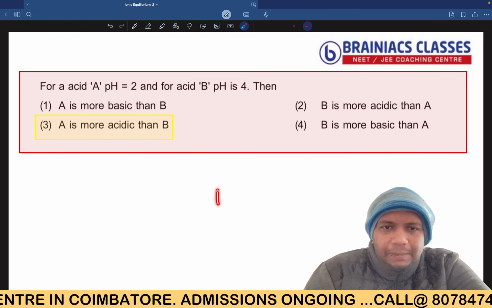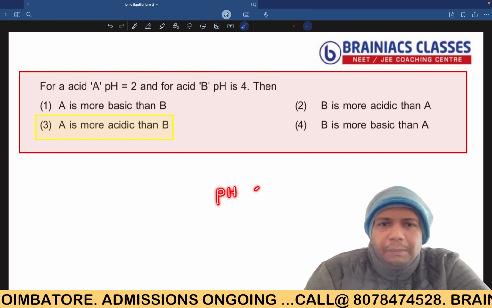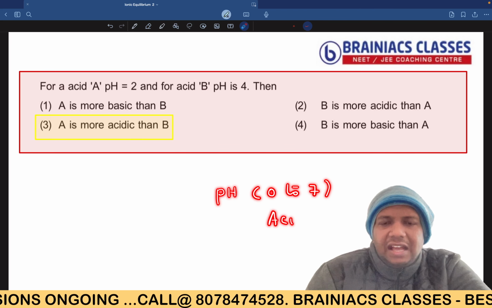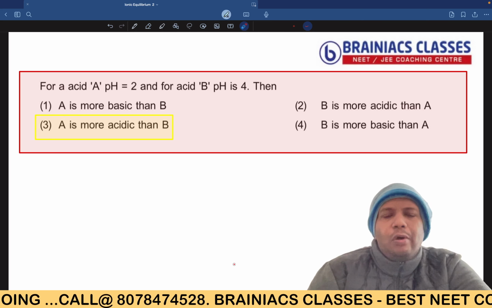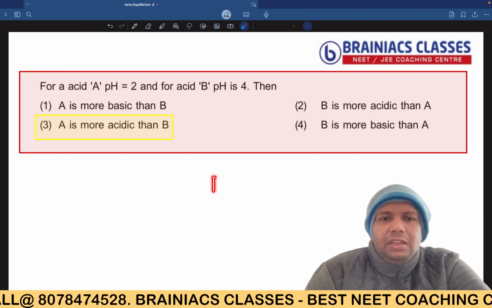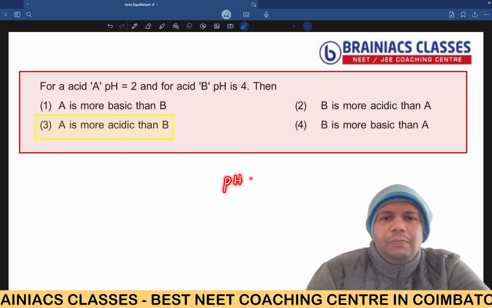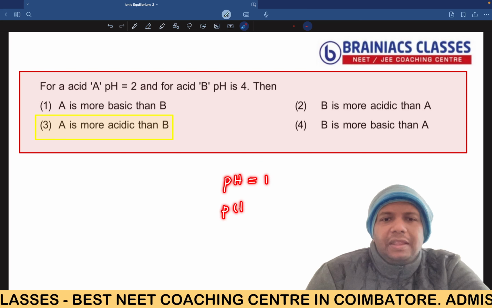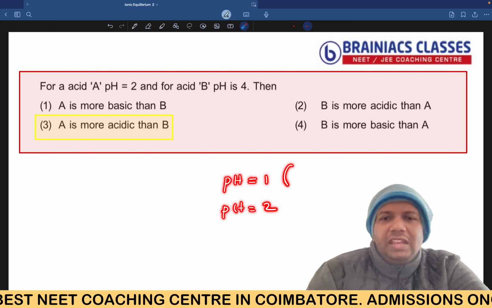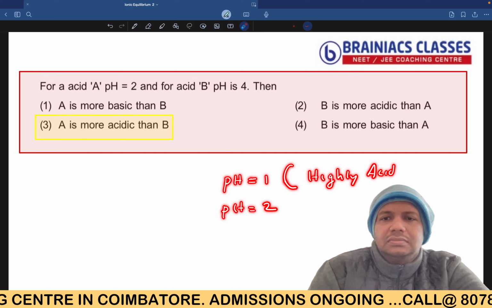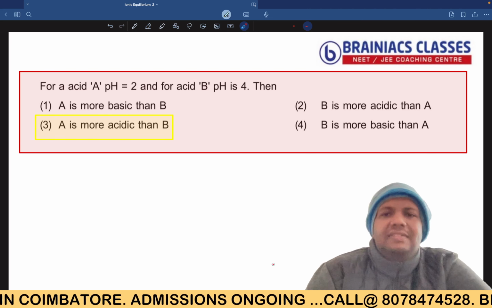We know that a pH value between 0 and 7 indicates it is acidic in nature. And if I am comparing pH values of 1 and 2, I can say the pH value is very low here, so this would be highly acidic, and the other would be lesser compared to that.